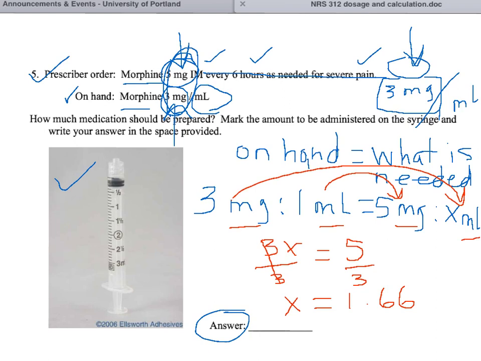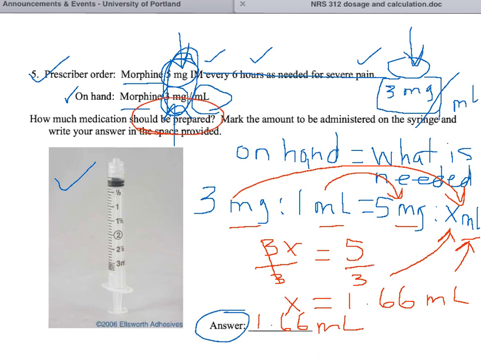Well, what we were trying to figure out is what x equals. X equals 1.66. So it's 1.66 milliliters. That's what we were trying to figure out. So the answer is 1.66 milliliters is what should be prepared.